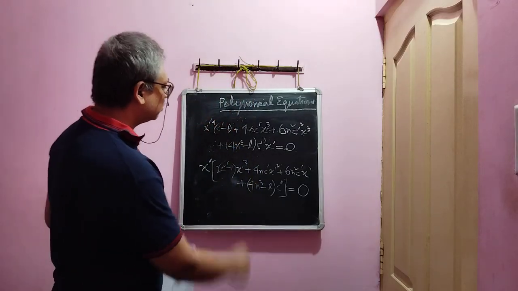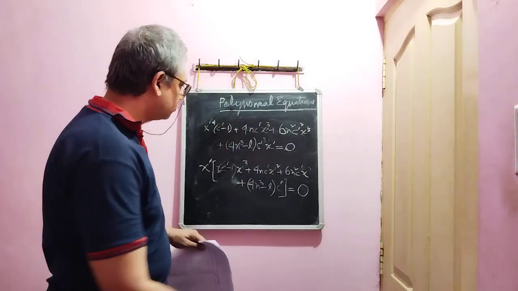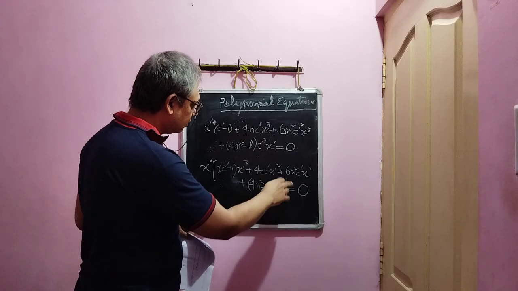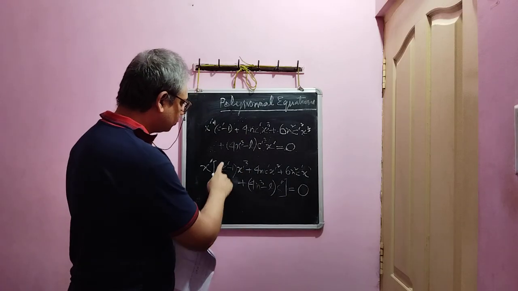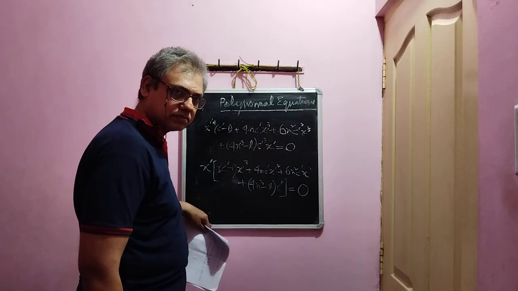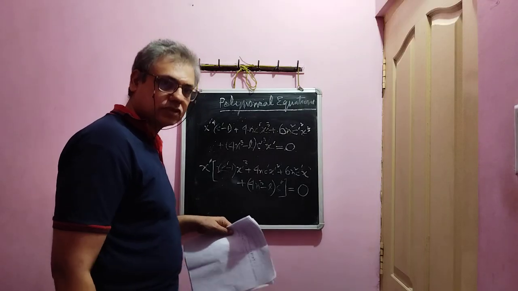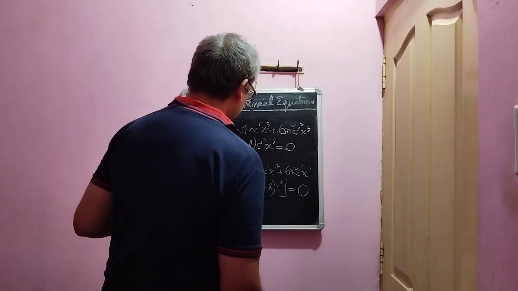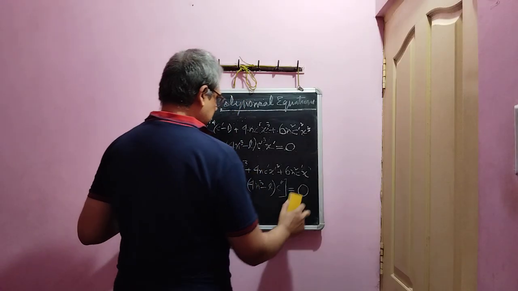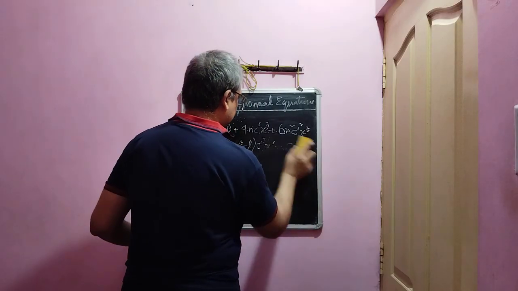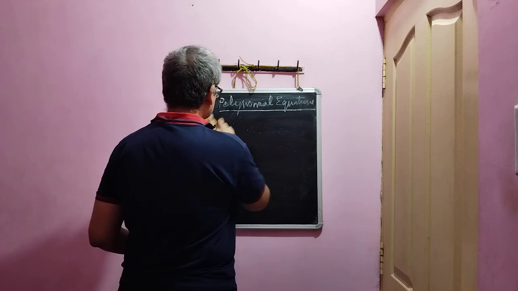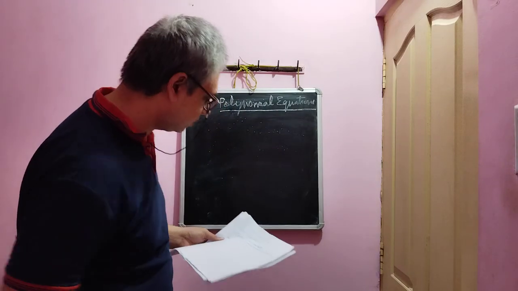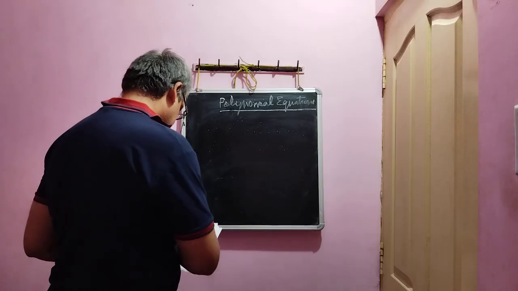This is a cubic equation. From the previous method you can solve the cubic equation. So we can solve the biquadratic equation this way. This cubic equation can be solved because we just saw how to solve the cubic equation. Okay? So this gives you the solution for the biquadratic equation.